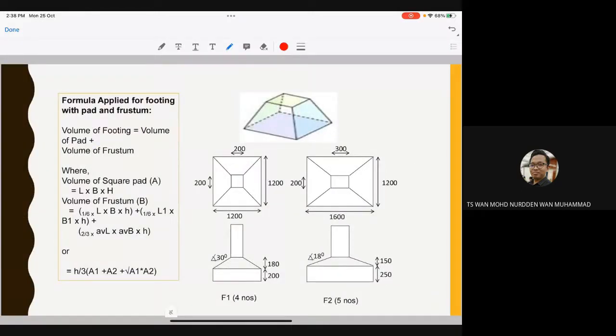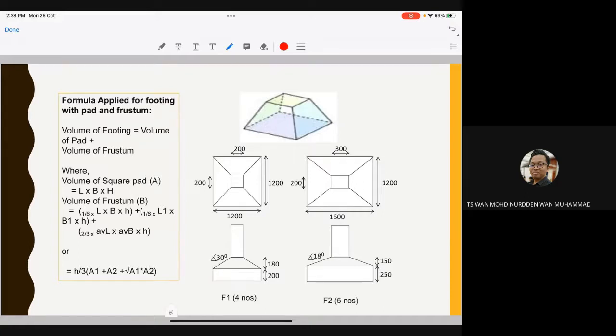Okay, this one is something, just something to share with you. The formula applied for footing with pad and frustum. Okay, apa maksudnya? Maksud dia, this is on measure the concrete lah, concrete volume. Tapi kalau kita ada footing kita berbentuk dia macam ni. Apa bentuk dia macam tu?